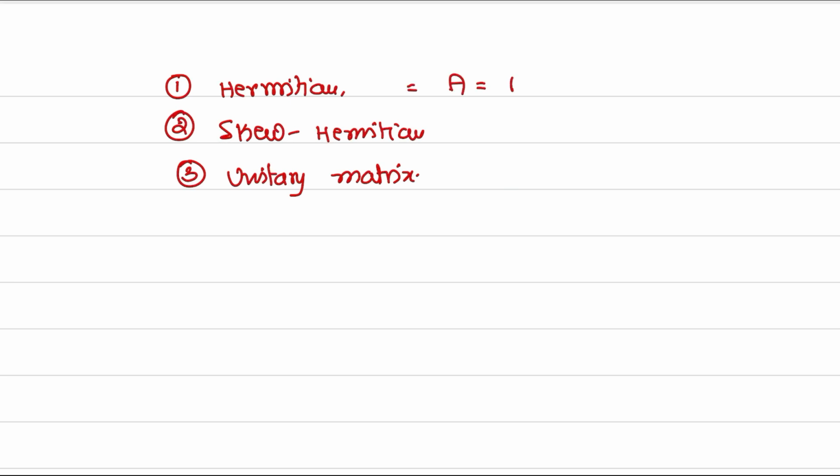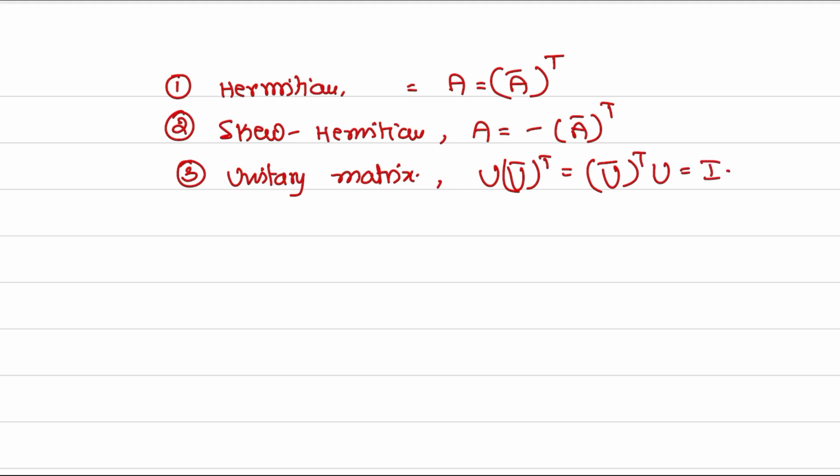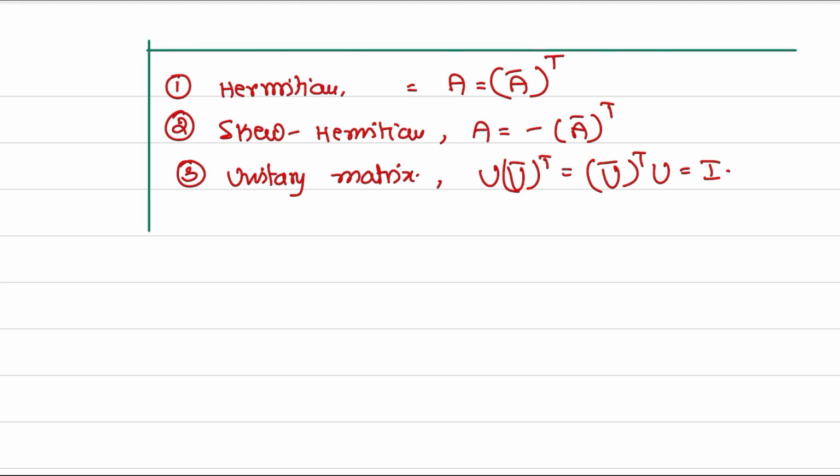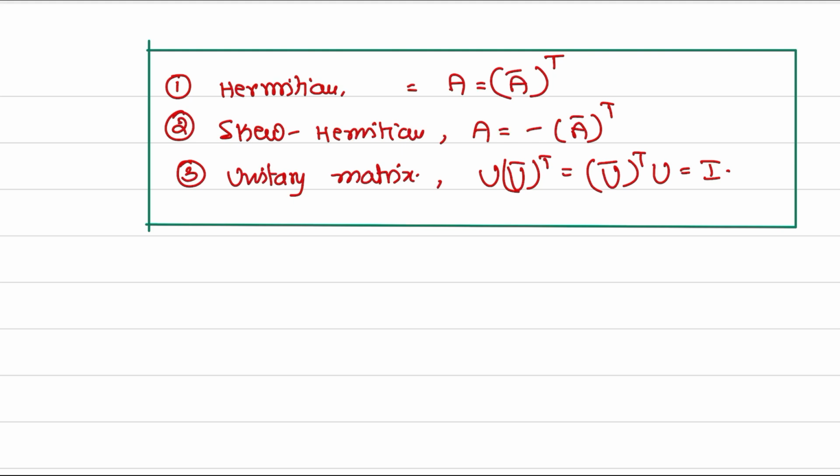Hermitian is A equal to A conjugate transpose, skew-Hermitian is A equal to minus A conjugate transpose, and unitary is U conjugate transpose U equal to I. These three you please remember, and whenever any question is asked on the properties of these, you can easily answer them, or if any question comes whether it is a Hermitian matrix, a skew-Hermitian matrix, or a unitary matrix, or not a unitary matrix, please check them and solve the examination questions.